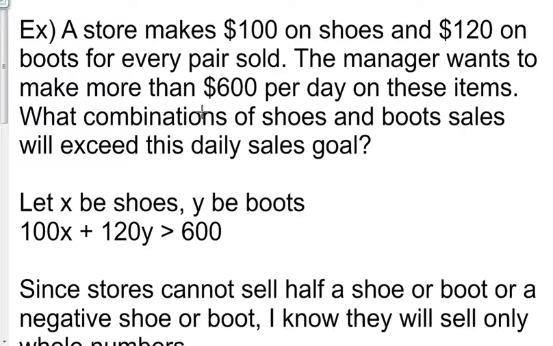Let's do a real-world example now. A store makes $100 on shoes and $120 on boots for every pair sold. The manager wants to make more than $600 per day on these items. What combinations of shoes and boot sales will exceed this daily sales goal? I said, let x be shoes, y be boots. 100x, because it's $100 for every pair of shoes, plus 120y, $120 for every pair of boots, is greater than 600.